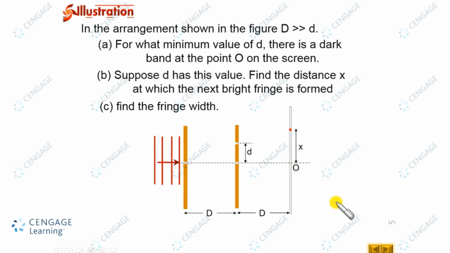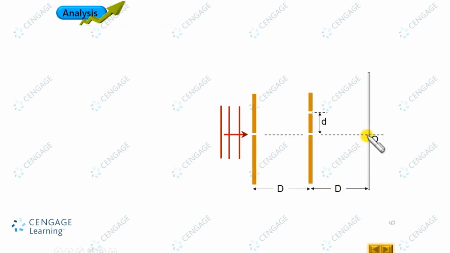So let us make the diagram here. Okay, we need a dark band, minima, at this point. That means for calculating the minimum value, we need to find the path difference of the waves reaching point O. You know, one wave will be directly reaching point O like this, and the second wave will move like this.